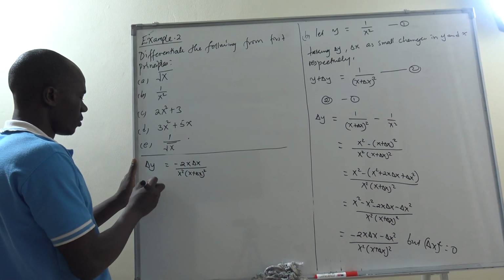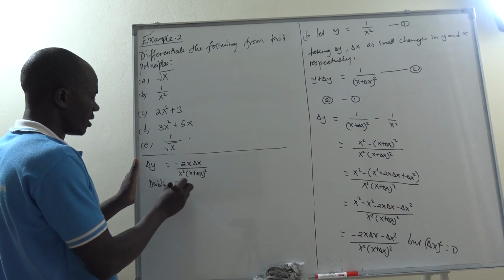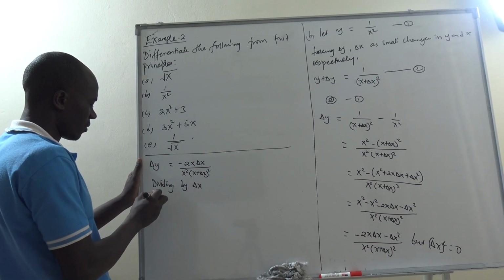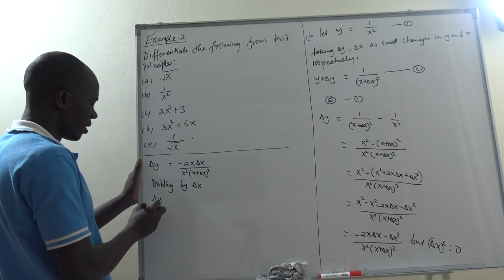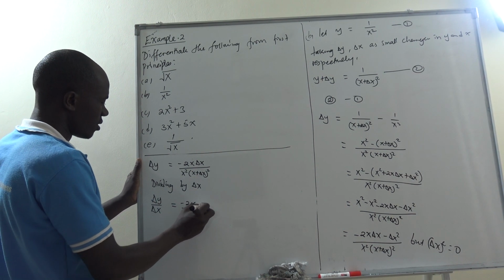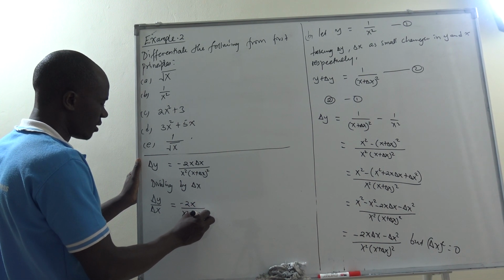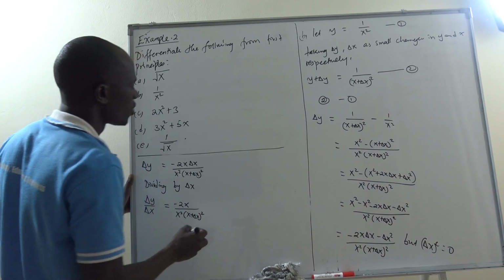Then we go on dividing by delta x. What are we having? We have delta y over delta x, which is equal to negative 2x all over x squared into x plus delta x, the whole of it squared.